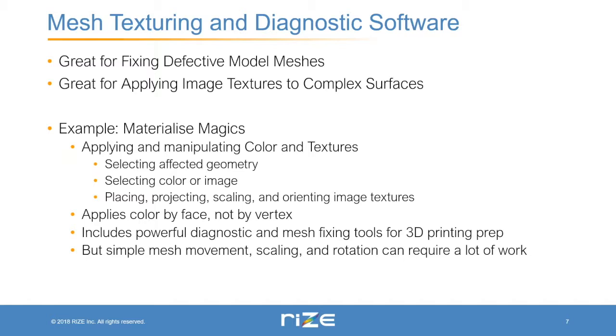Unfortunately, Magics is not as effective at doing some more simple operations like moving or scaling portions of the part, and trying to do those things in Magics can involve a lot of work that requires breaking the part down into multiple separate pieces and then rotating them and recombining them individually.